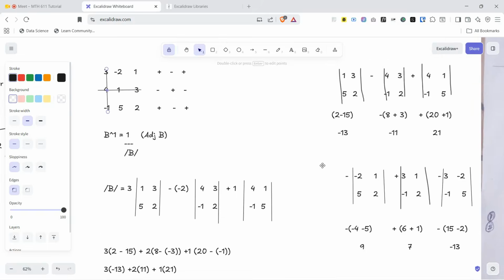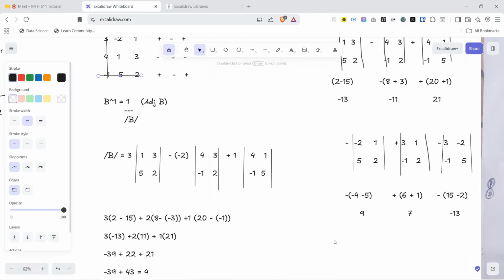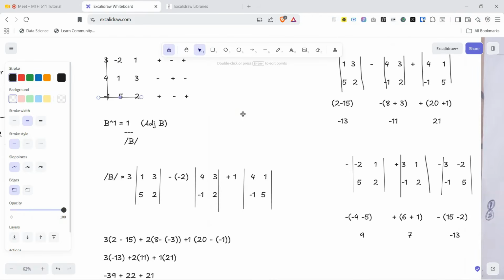So for the third one, we'll have something like this. And then again, this will be plus minus plus.